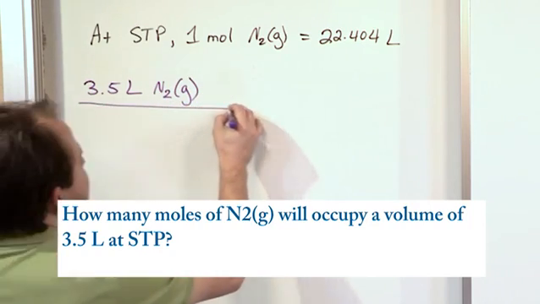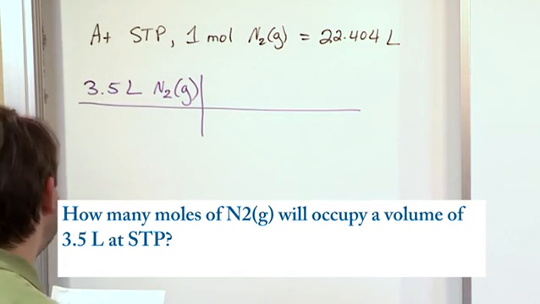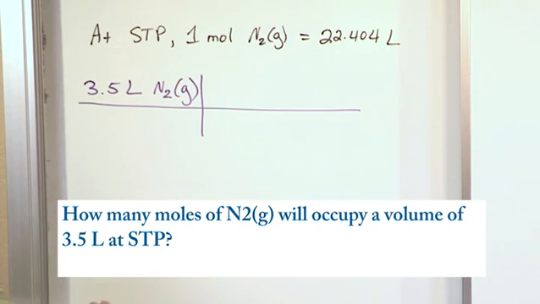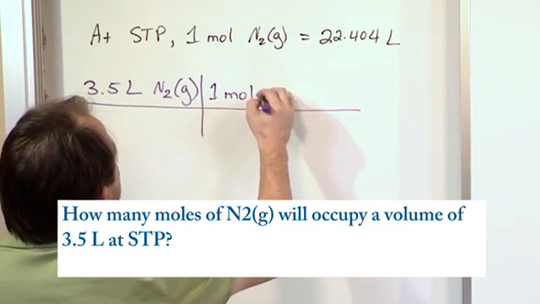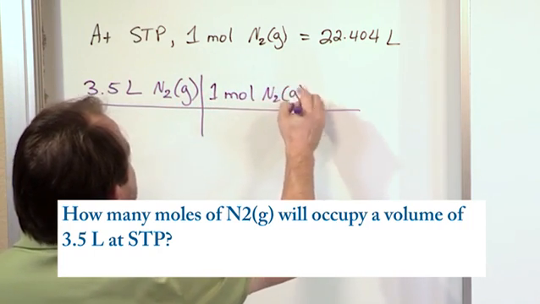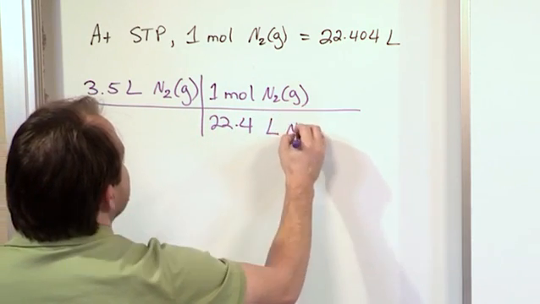So you can just treat this as a conversion problem like we always do. We want to find out how many moles of N2 gas we have. And we know we're at STP, so we know that 1 mole of N2 gas is 22.4 liters of N2 gas.